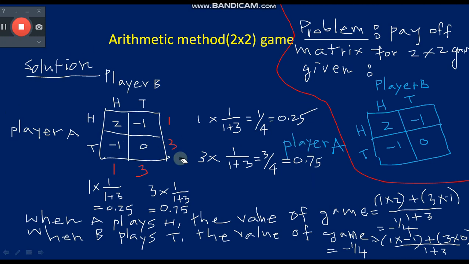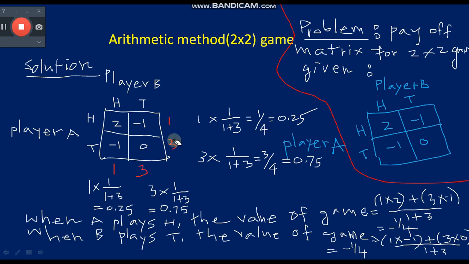Now, what is the value of the game when player A chooses the first strategy? This is like an expectation: 1 into 2 plus 3 into minus 1, divided by 1 plus 3.